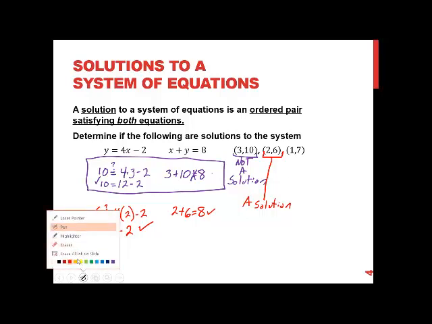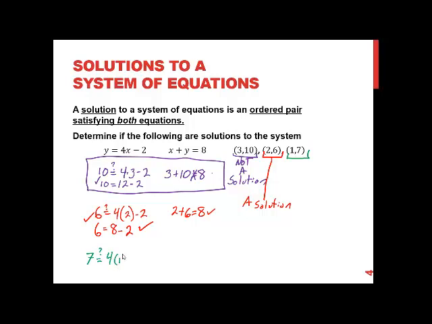Alright, now let's try one more. 1, 7. 7 equals maybe 4 times 1 minus 2, and 7 is not equal to 4 minus 2. Since it doesn't satisfy the first equation, we don't even have to try it in the second one.